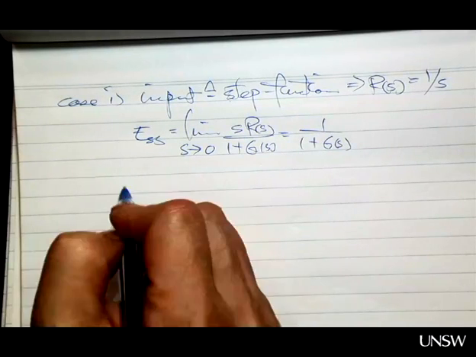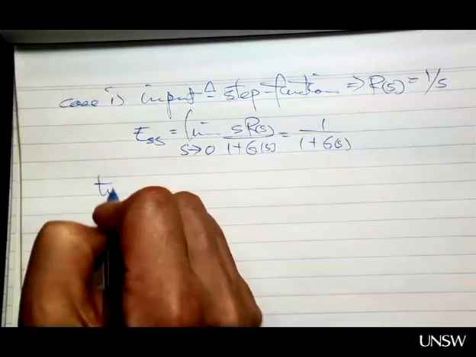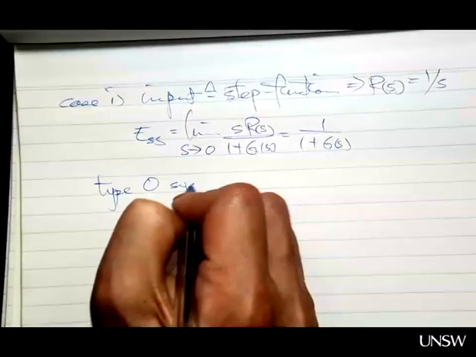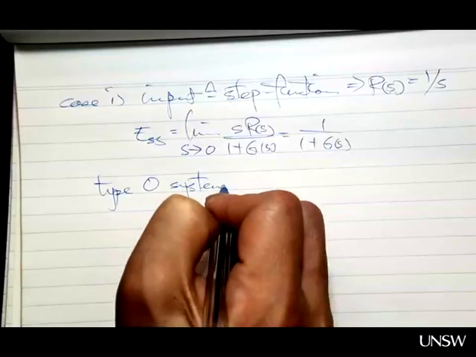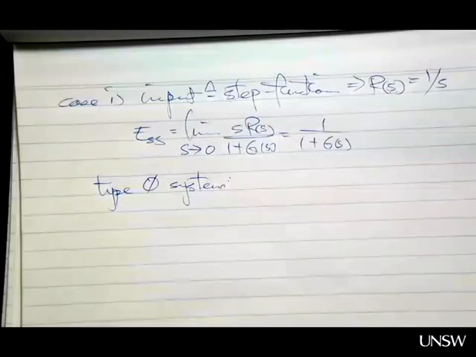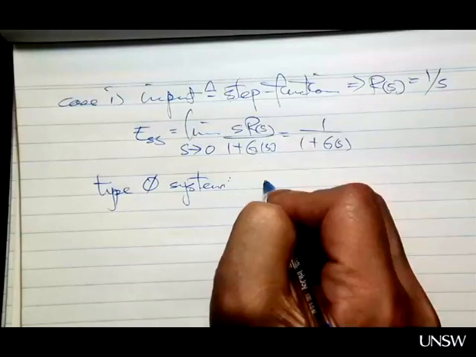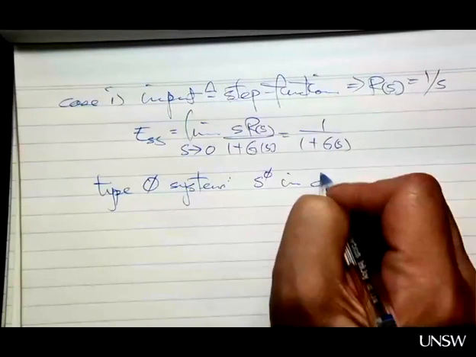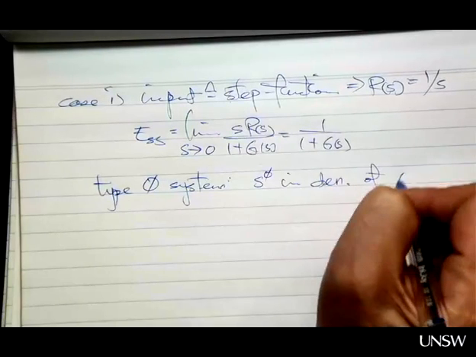So now for the different types of system, type 0 system. Type 0 system is s to the power 0 in the denominator of the transfer function.